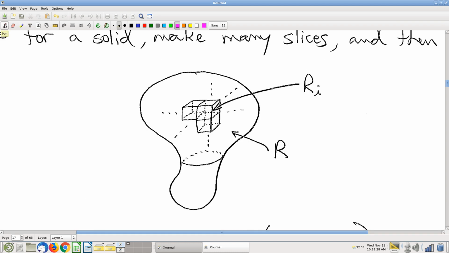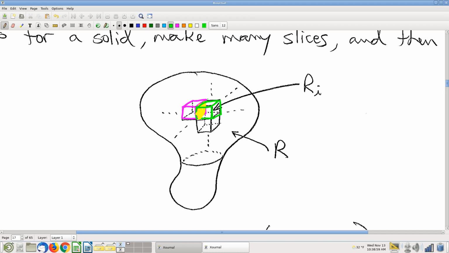And this is going to be a little tough to draw, but here's one little region, and here's another one of those little regions sitting right next to it. Now, where's the shared boundary face? Well, the shared boundary face is this right here. Right, shared boundary face.